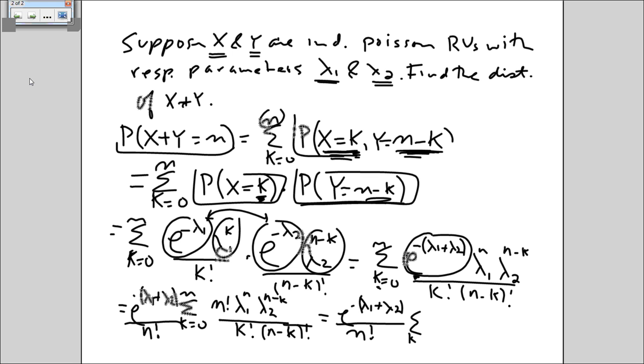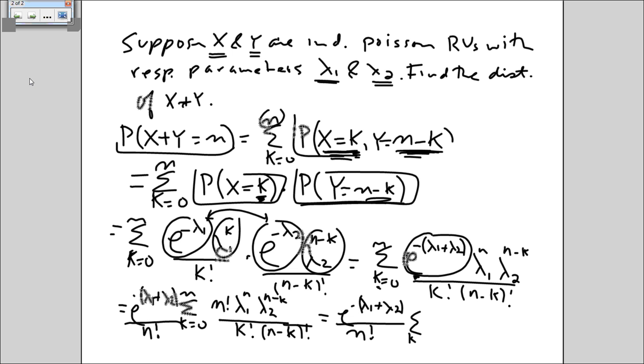But this piece right here, that's just n choose k. Remember, n choose k is this number factorial in the bottom, we put that number factorial, and also in the bottom, we put the difference, n minus k factorial. But that's exactly what I have, so I can write n choose k.